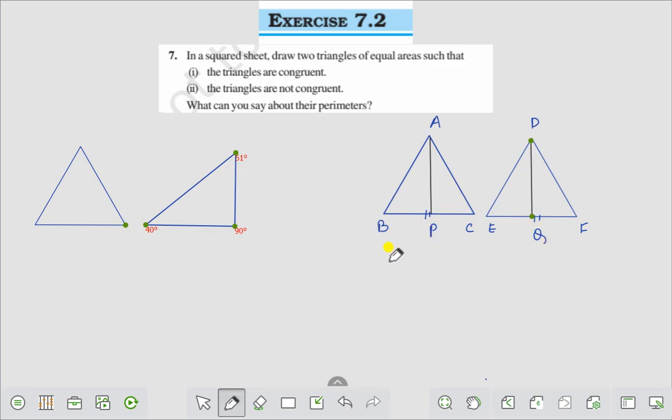Why? Because we know that the area of a triangle is equal to half into base into height.